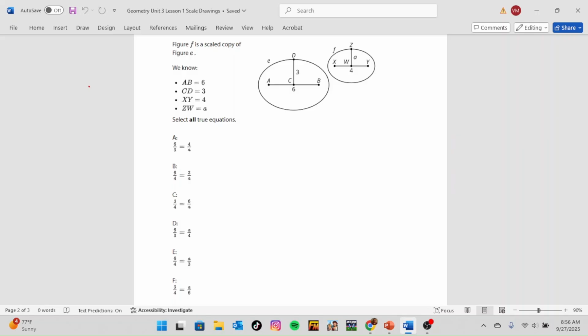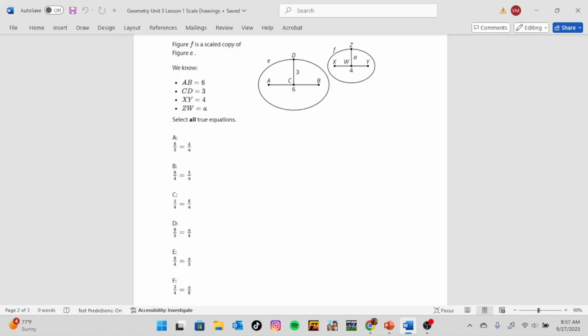The main key is that we need to make sure that when we are setting up these comparisons like we see in A through F, the ratio that we're setting up on the left equals the ratio on the right in a valid way.